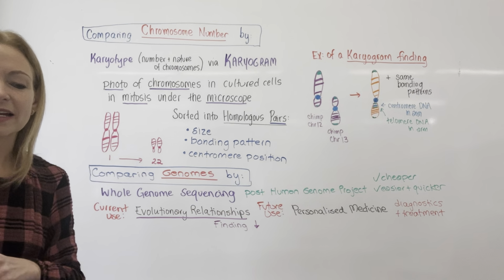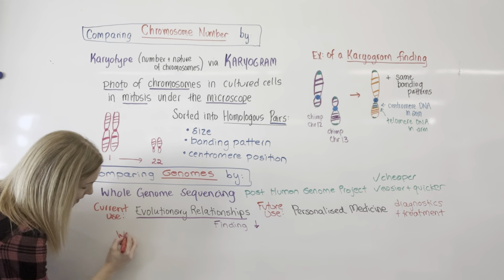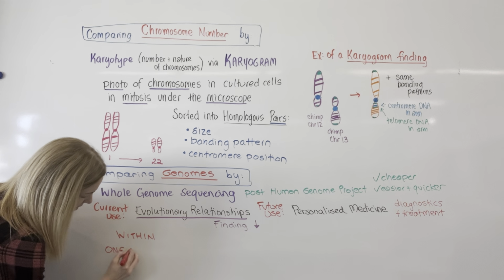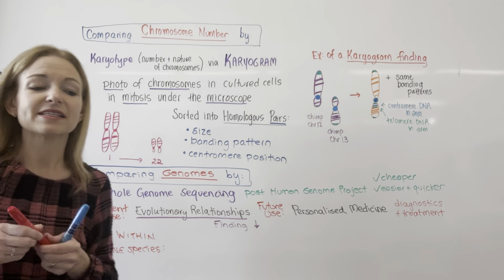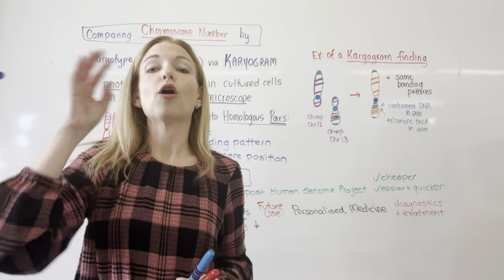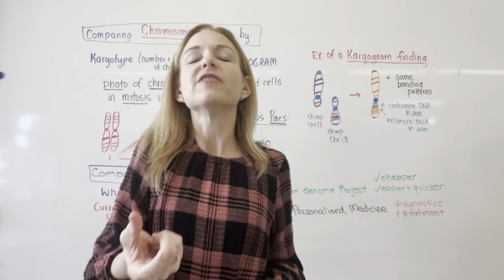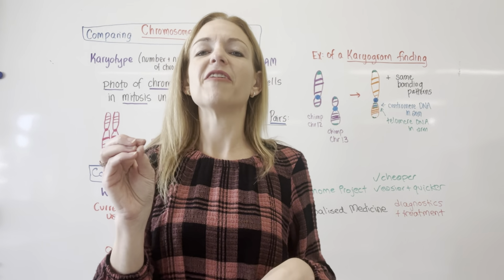And the key finding is that if it is within one species, you should find minimal differences. So they should basically be almost the same on a genome-wide level. If we look at individual phenotypic alleles that have polymorphisms, we might find more.